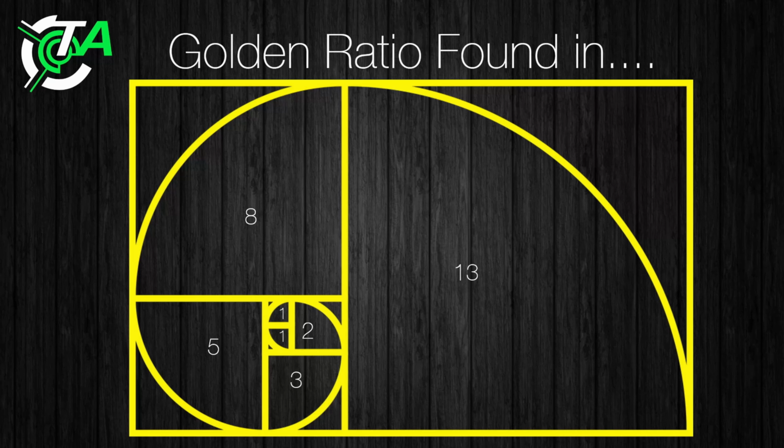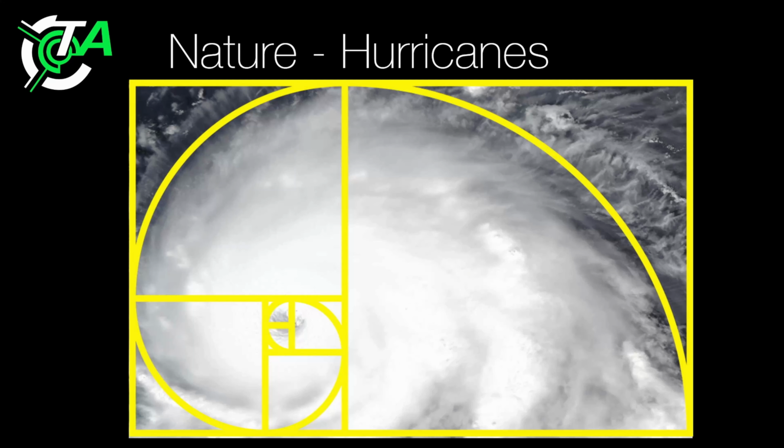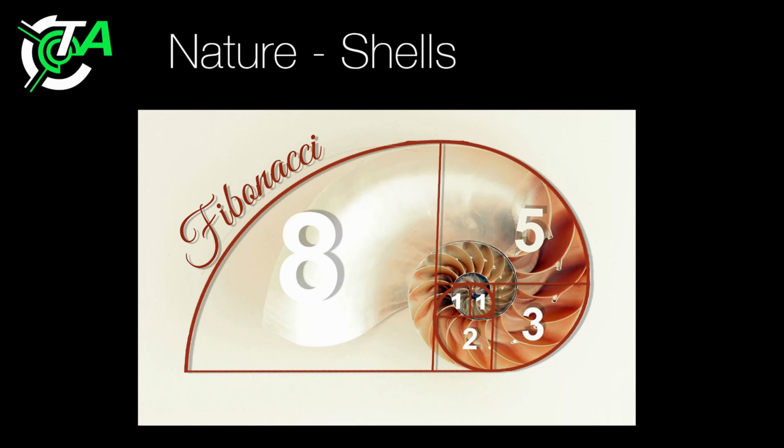Now, getting into some of the places that you'll find golden ratios, first hurricanes. This is a picture of Hurricane Dorian. You can see it followed a Fibonacci pattern, as well as some shells. Then getting away from nature, there are also trees. The way that the branches split follows Fibonacci mathematics, and flowers typically have 3 or 5 or however many petals, usually in line with Fibonacci numbers.